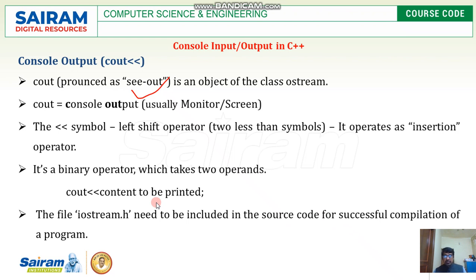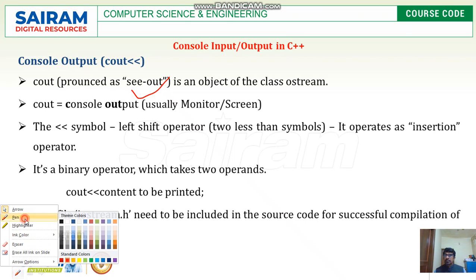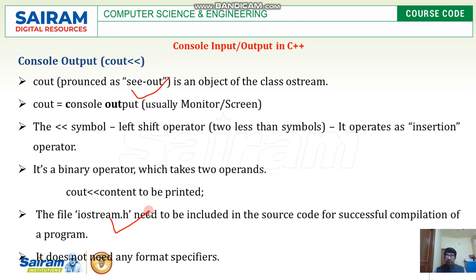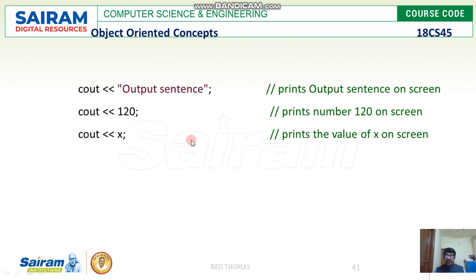And please do remember, when you include cout, you have to include the header file for that. Everything is defined inside a header file called iostream.h. So this is mandatory. You have to include iostream.h. So these are a few examples of how it prints.